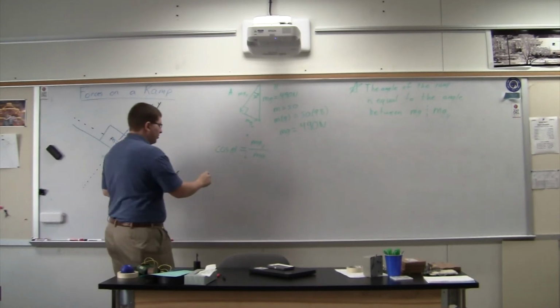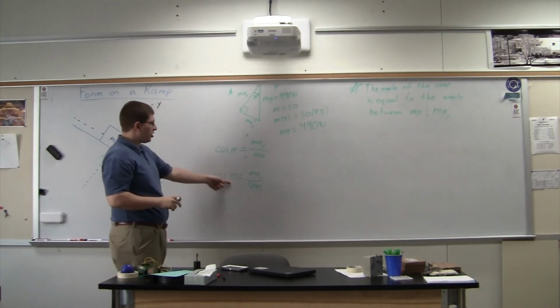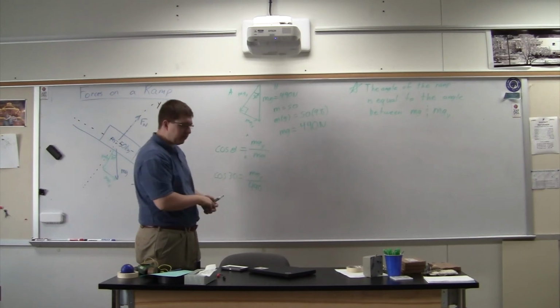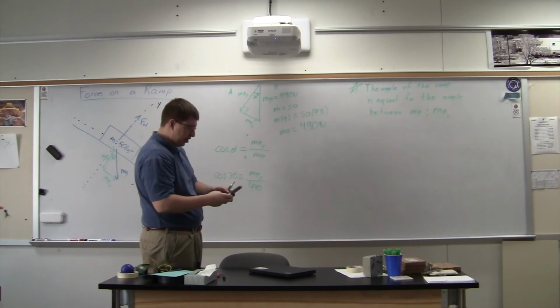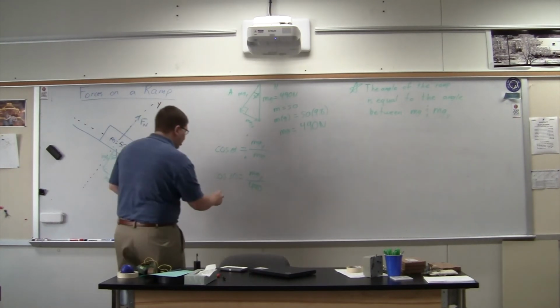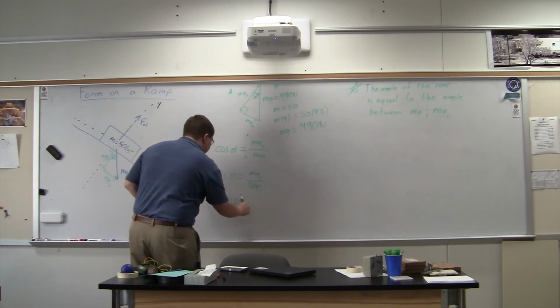And now I'm going to plug in some numbers this time to make this a little easier. So I have cosine of 30 degrees is equal to mgy over 490. Let's get a value for cosine of 30. The cosine of 30 is 0.866.